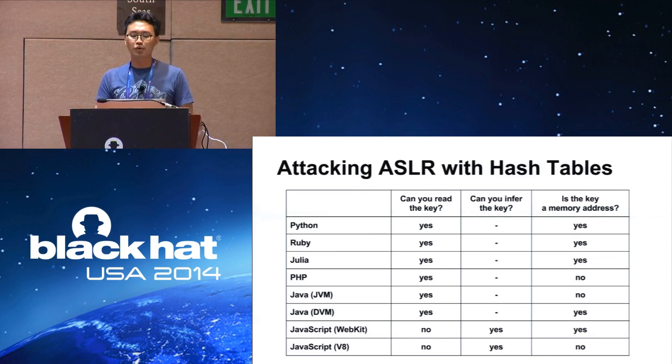For WebKit and V8, where WebKit is used for Safari and V8 is used for Chrome: in WebKit's case, we can infer the key, and that inferred key is also the memory address. In V8's case, although you can infer the key, that key was not the memory address. It was still just a random value.